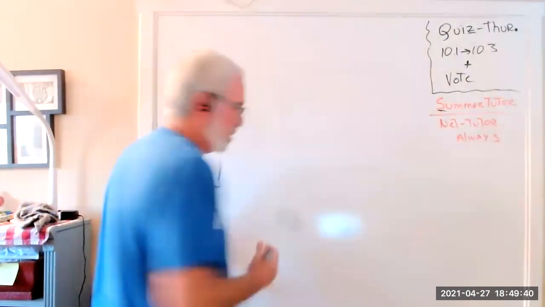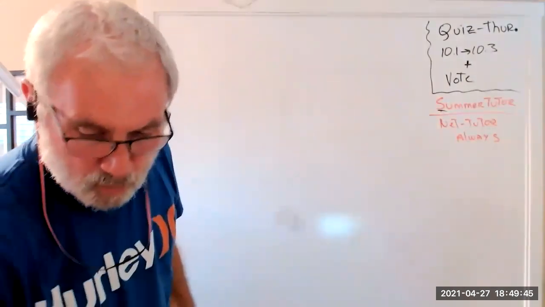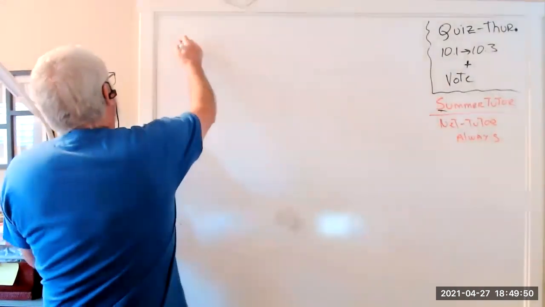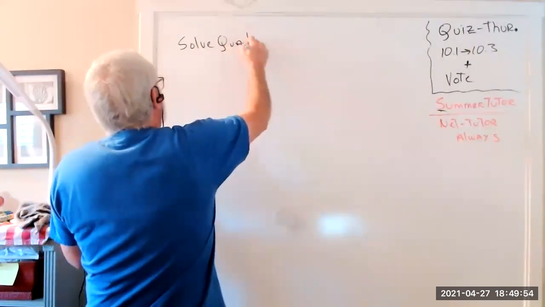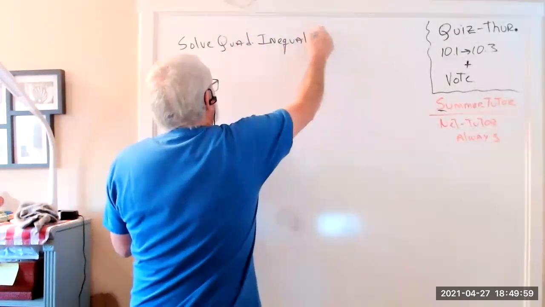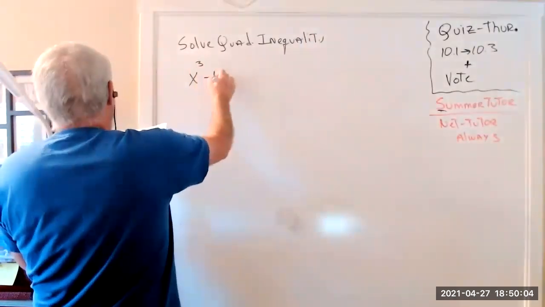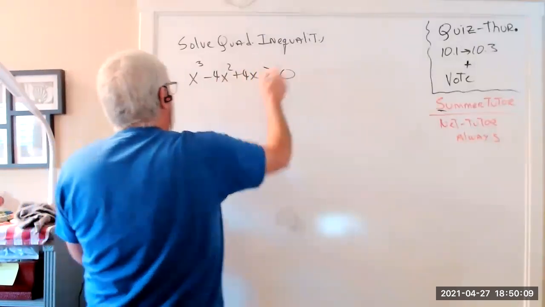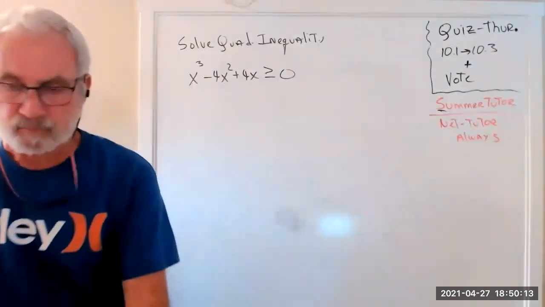One of the things on the quiz that people botched was solve a quadratic inequality. So here is a really horrible problem.